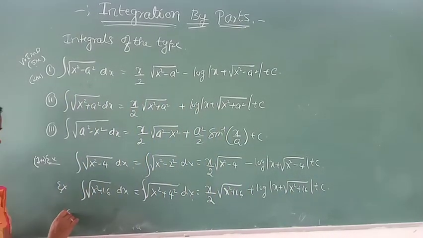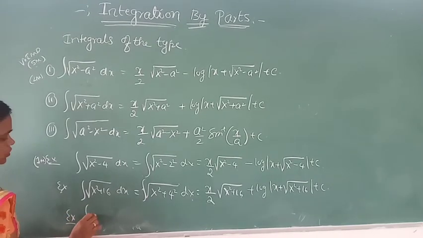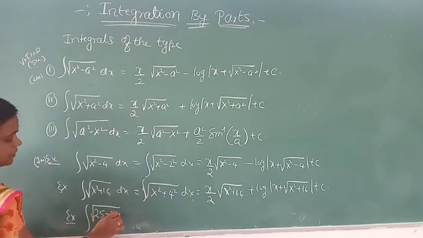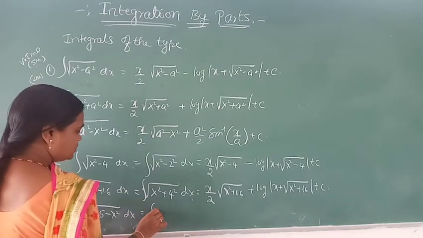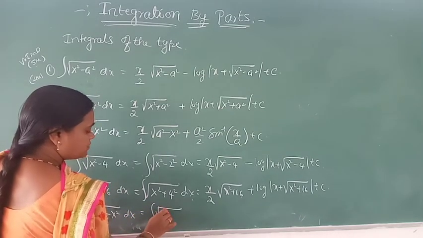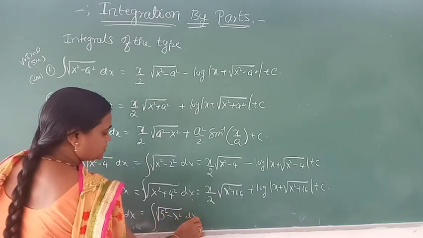Next example, I will take another one. Integration of root of 25 minus x square dx. This can be written in the form of integration of root of 5 square minus x square dx.